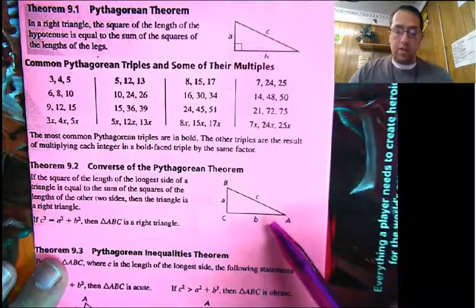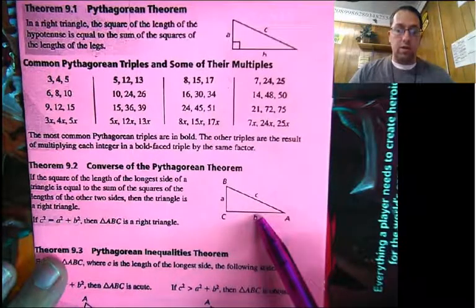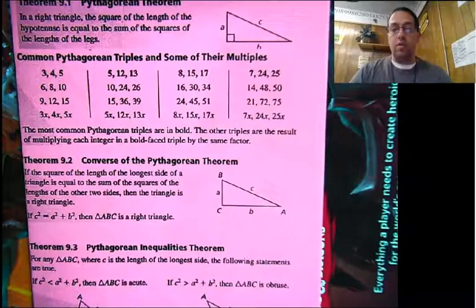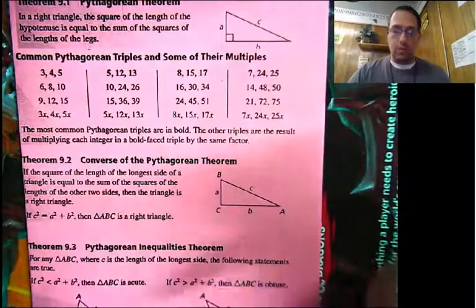What the converse says is if you know that the hypotenuse squared is equal to the legs squared, then it's going to be a right triangle, because that's the only kind of triangle that the Pythagorean theorem works for. If it's not a right triangle, Pythagorean theorem is not going to work.